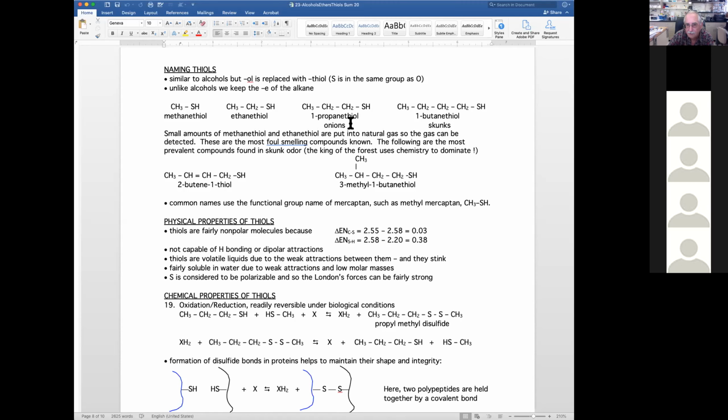So if you don't like the smell of onions, you wouldn't be putting it on your food. But this is one of the components found in skunks. Anybody like skunk breath? And what's the difference? One CH2, one methylene group, and you turn an onion into a skunk.